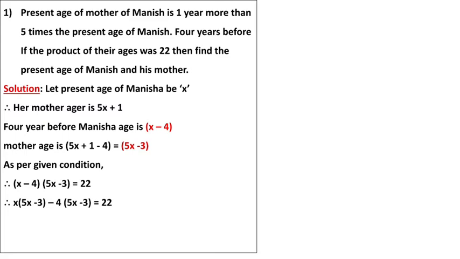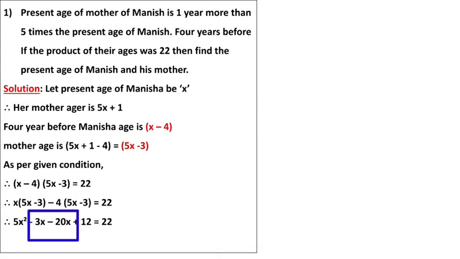We will solve these first. X into 5x is 5x square, minus x into 3 is 3x, minus 4 into 5 is 20x, minus into minus, plus 4 into 3 is 12, equal to 22. Done. Here like terms are which? Minus 3x and minus 20x.